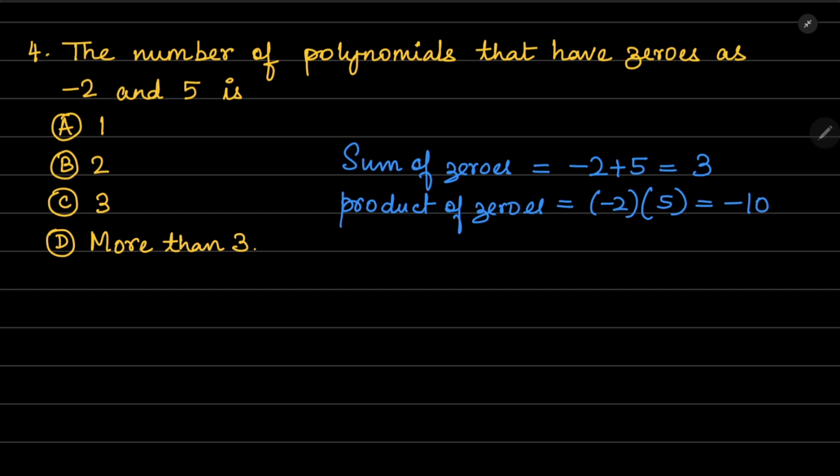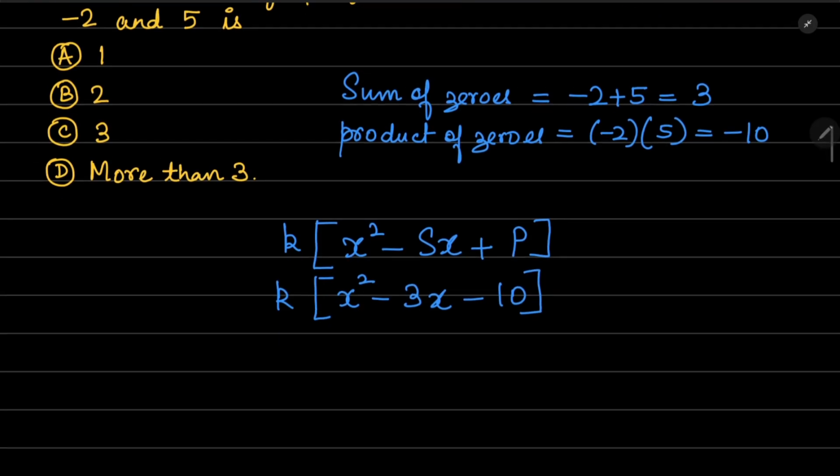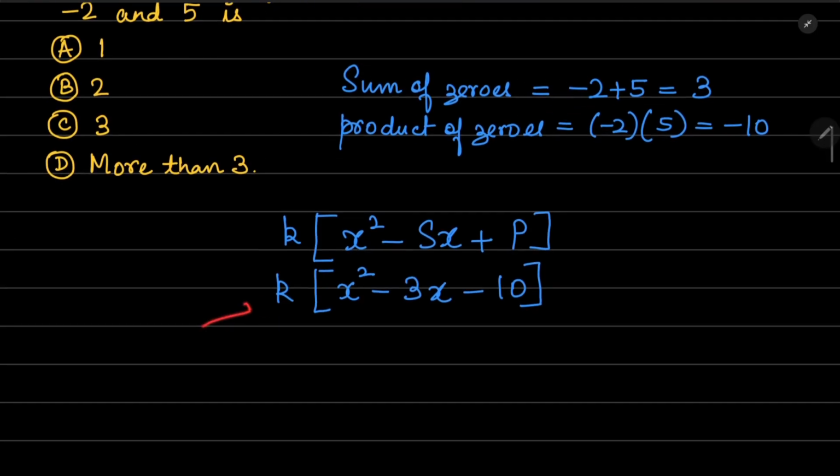Now the quadratic polynomial will be k multiplied by x square minus sx plus p. So k multiplied by x square, s is nothing but 3x, and p is nothing but -10. Now for any value of k, suppose I write k equal to 1.